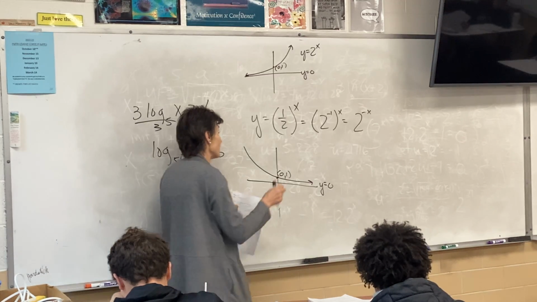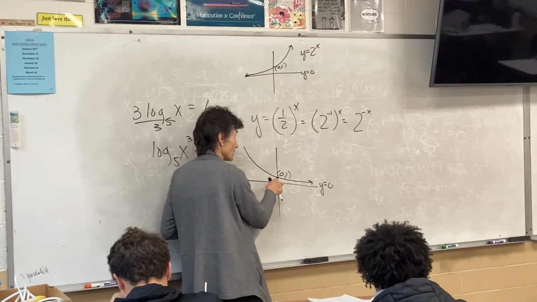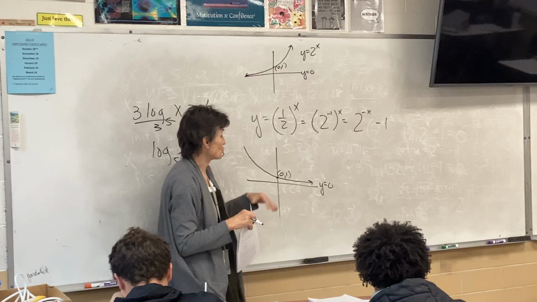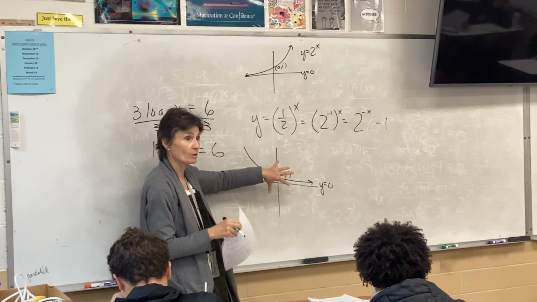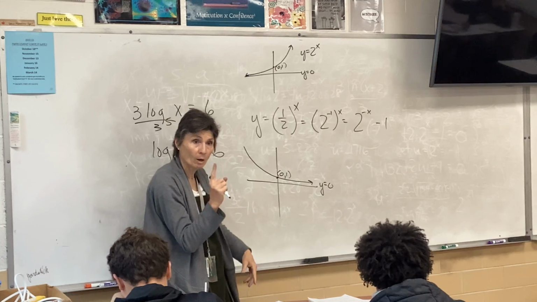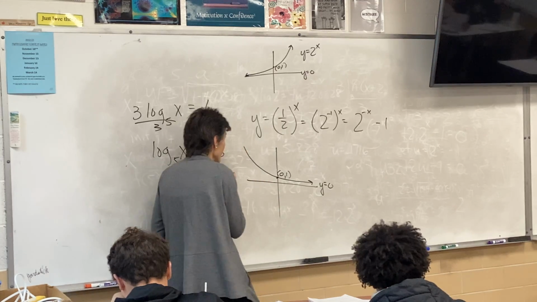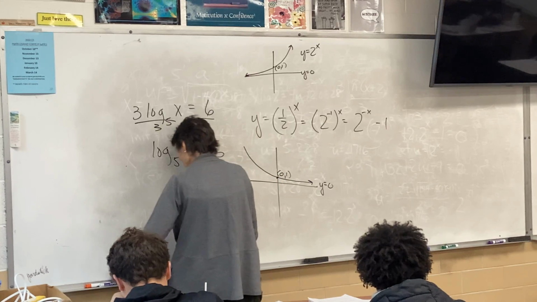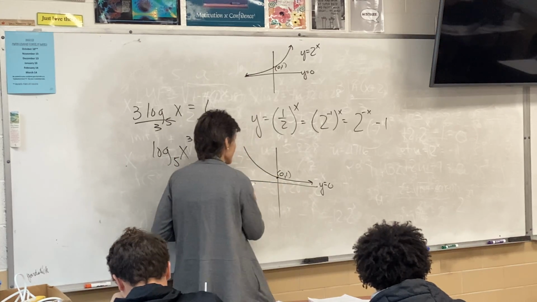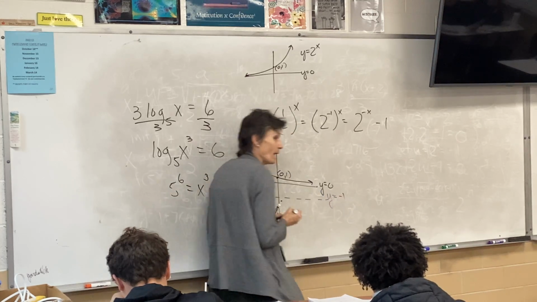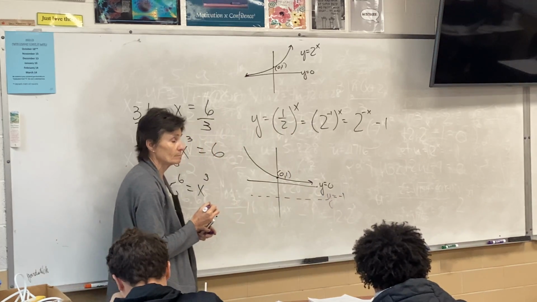Now you're going to take that thing and subtract 1 from it, which means you're going to move it down 1 unit. So it's like you have a big pair of scissors, cut it out, paste it down. So, instead of the asymptote being at 0, the asymptote is now at -1.